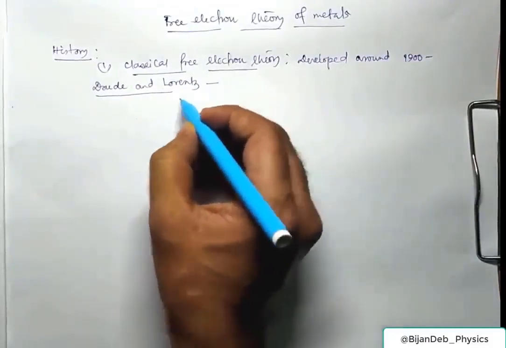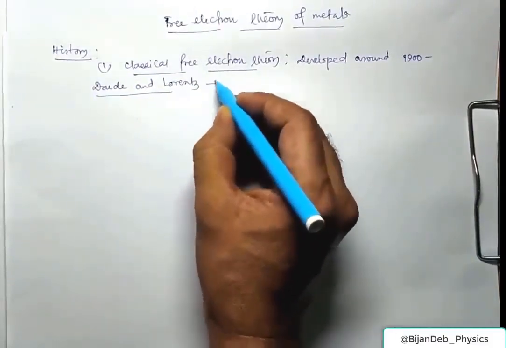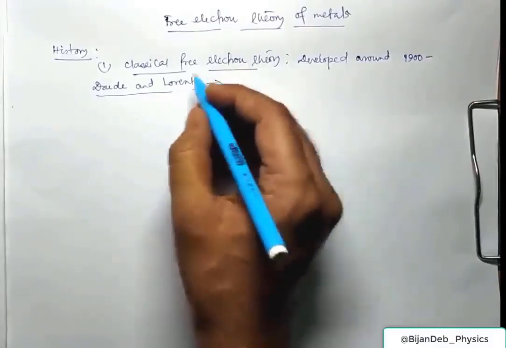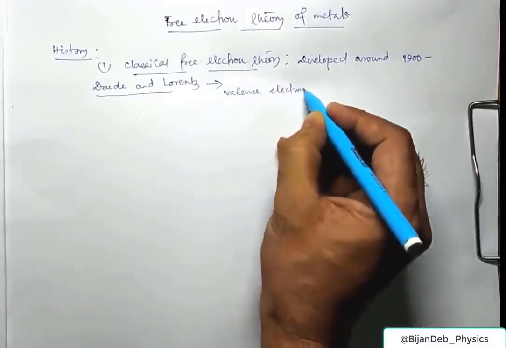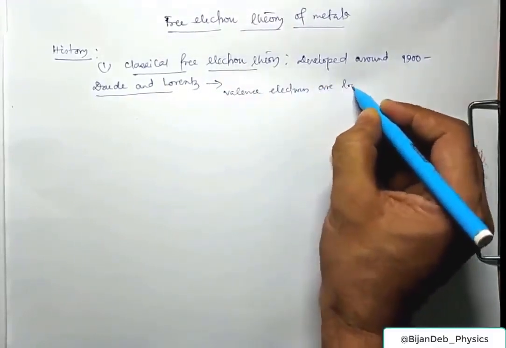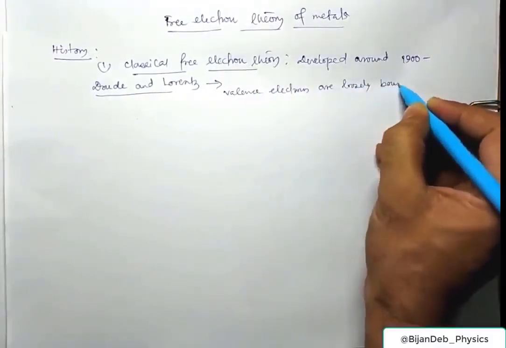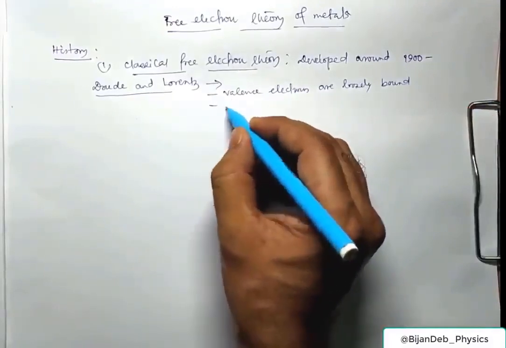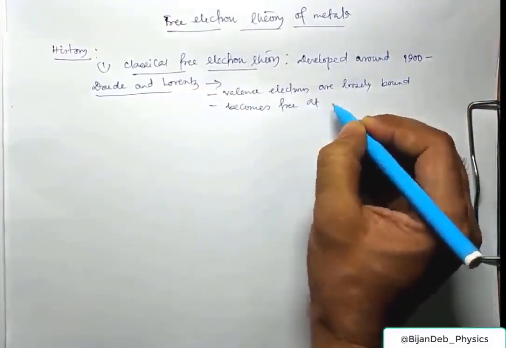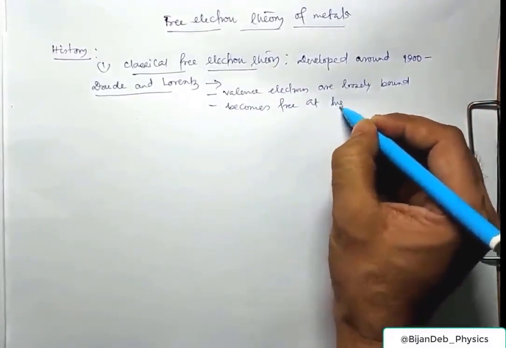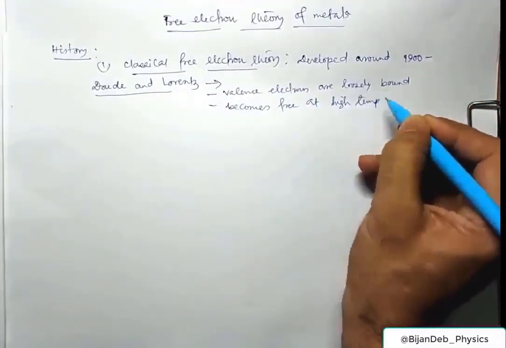What was the main concept of this Drude and Lorentz or classical theory? That valence electrons are loosely bound and become free at high temperature or at ordinary temperature.